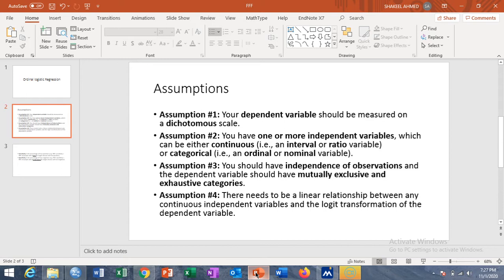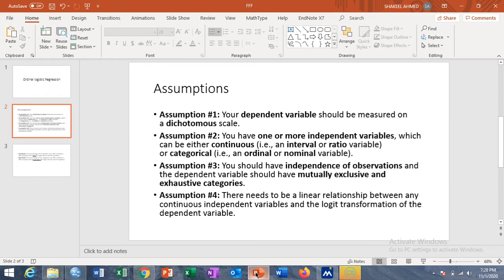The first assumption is that your dependent variable should be measured on a dichotomous scale, and one or more independent variables can be either continuous, that is interval and ratio variables, or categorical, meaning qualitative variables.